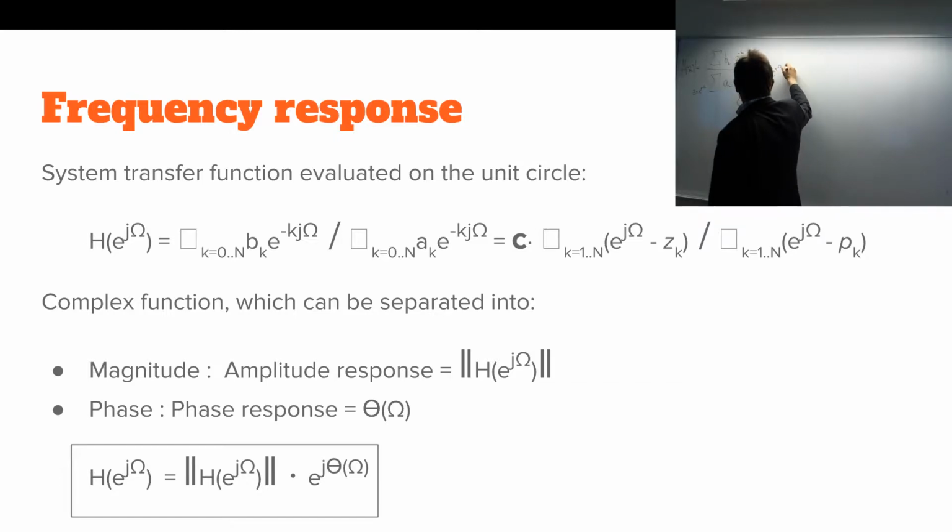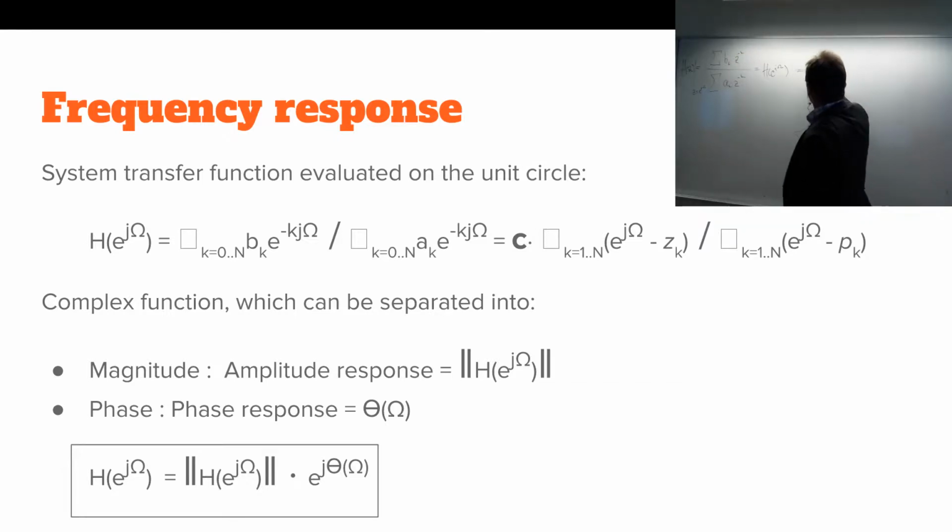So that's the frequency response, and z is just replaced by e to the j omega. b_k times e to the minus j k omega. Same thing here.